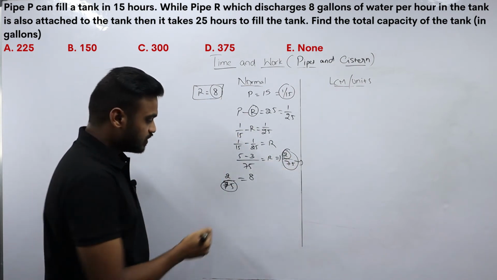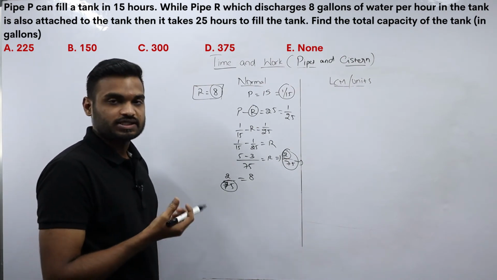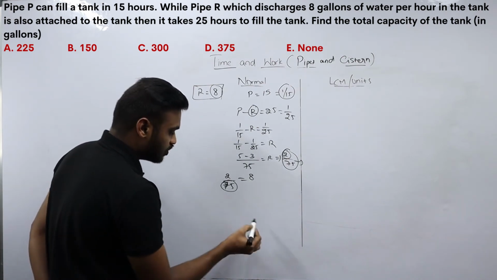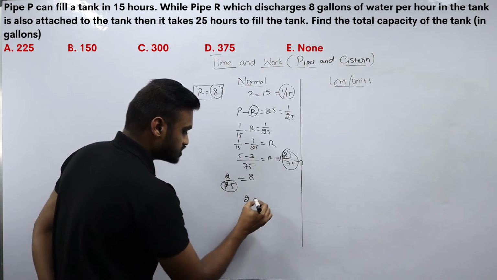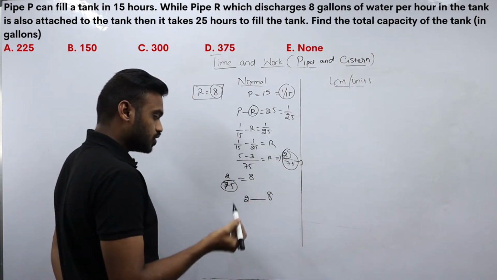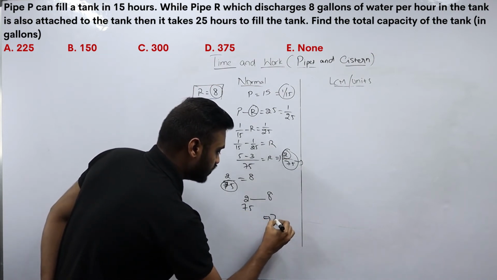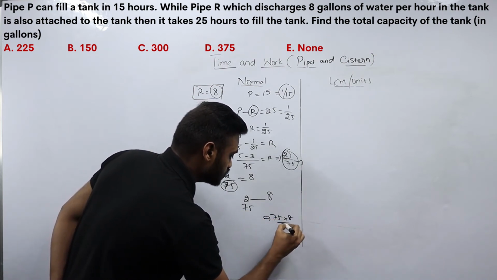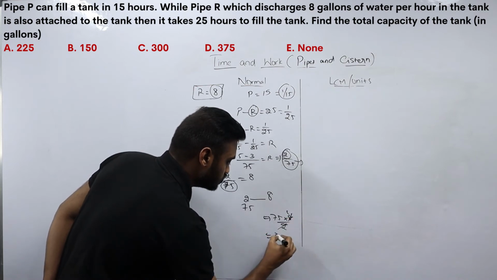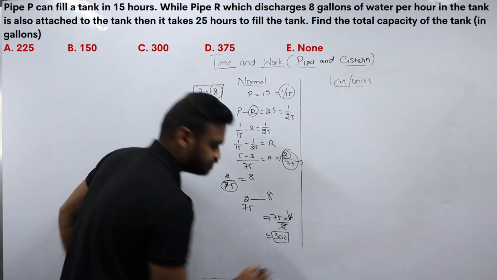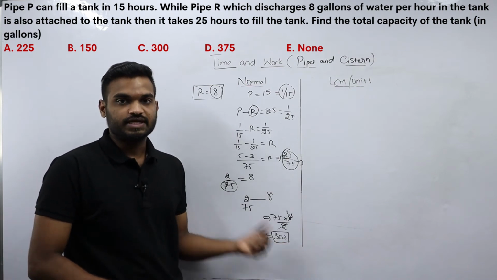Then what is the value of 75 parts? That is the total capacity of the tank. That is 75 into 8 by 2, which equals 300 gallons of water. This is the total capacity of the tank.